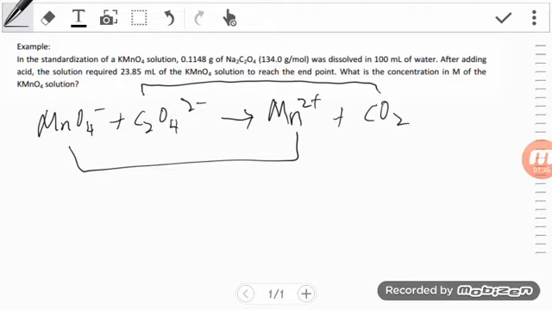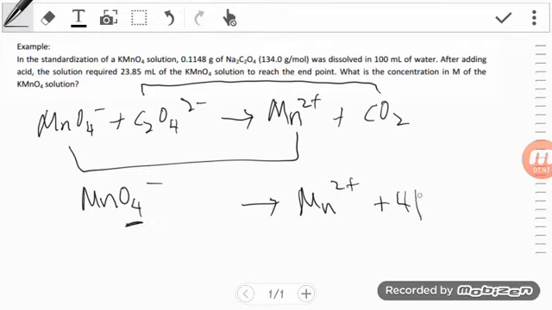And then we just follow the normal rule in balancing half reactions. So there are 4 oxygens, so we add 4 water, and at the same time 8 protons.